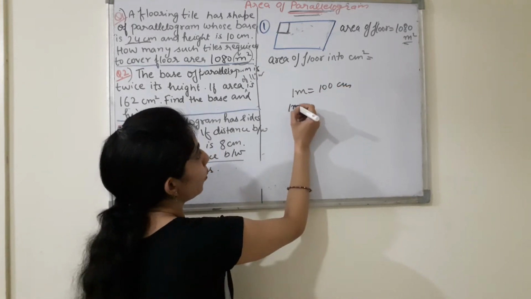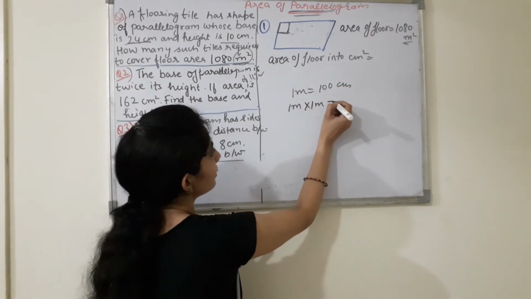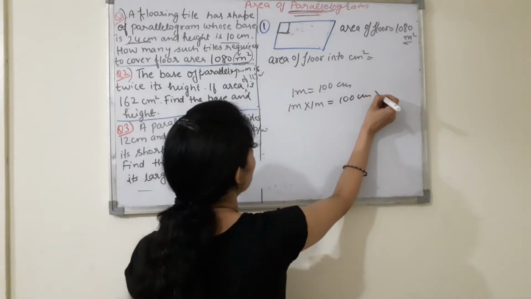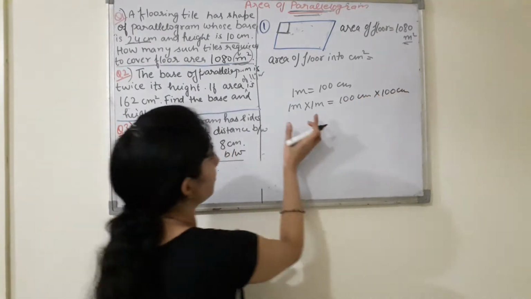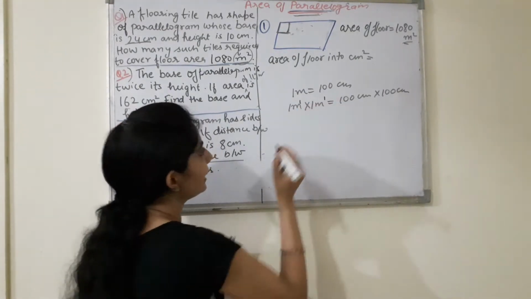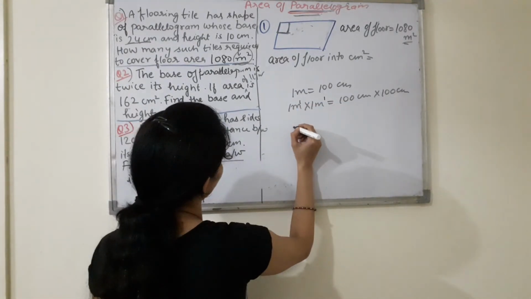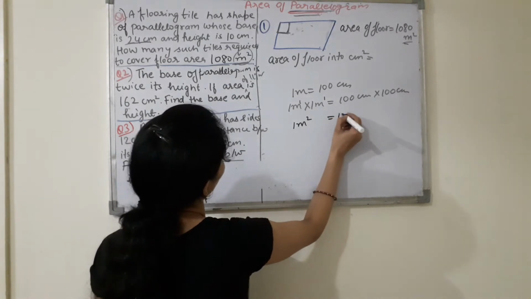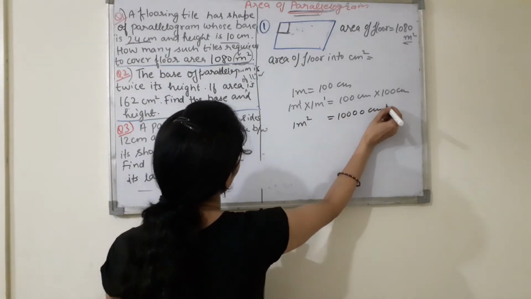So 1 meter into 1 meter is equal to 100 centimeter into 100 centimeter, because 1 meter into 1 meter will be 1 meter square, right? Because the powers of the variables will be added. So 1 meter square is equal to 10,000 centimeter square.